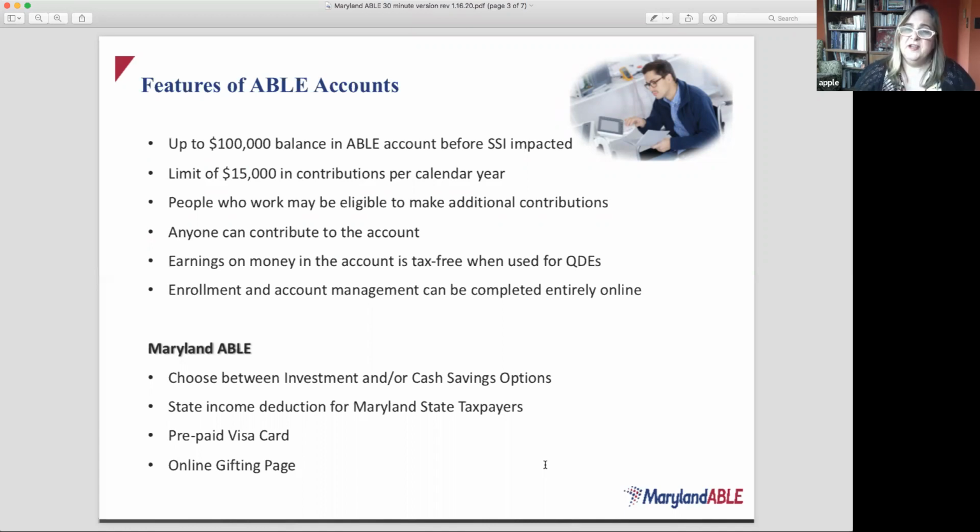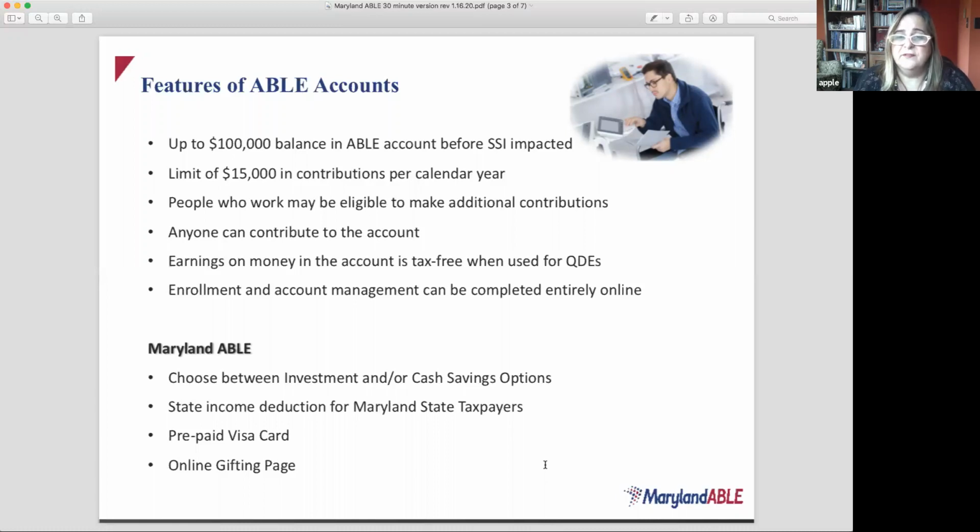So basically what the IRS is saying is that you're going to get one opportunity to do this tax advantage savings. You can't double dip and have tax advantage retirement savings and an ABLE account. So that is something that people can definitely participate in if they meet that criteria.